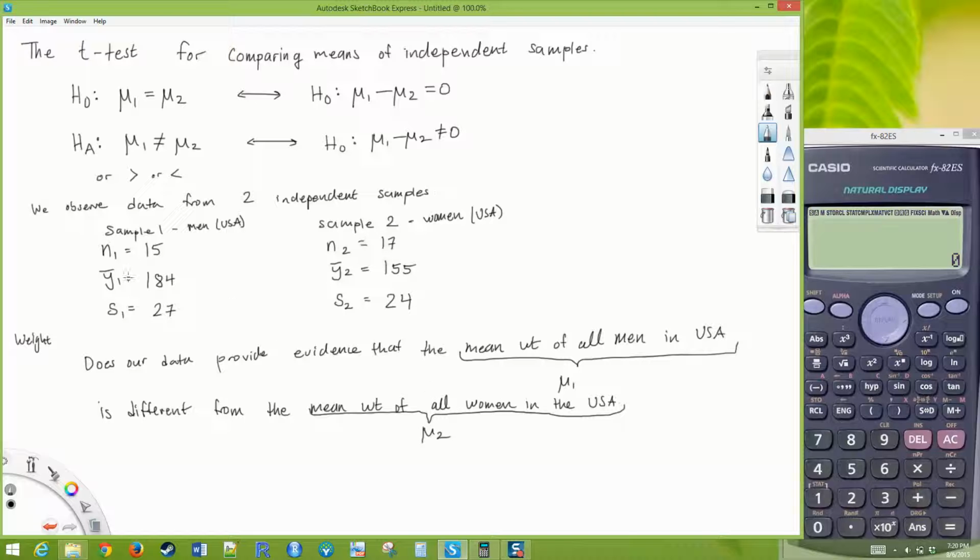Our data being the data that we collected from our two samples, and somehow these were randomly selected.